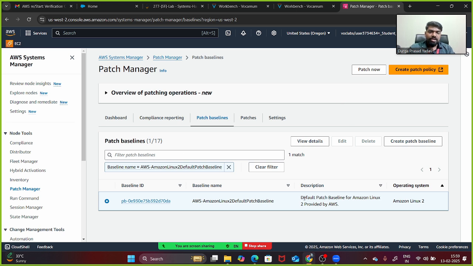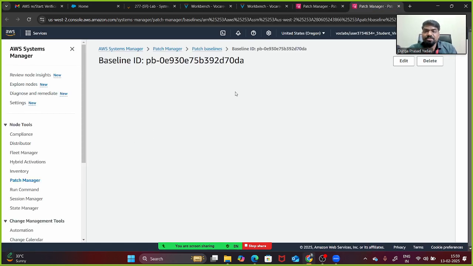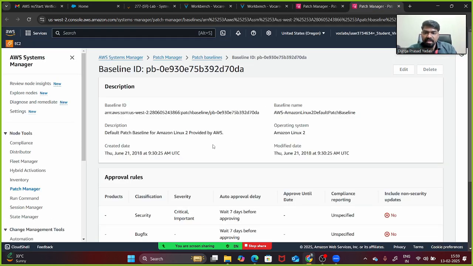What it is doing: default patch baseline for Amazon Linux 2 provided by AWS. And if you need to know exactly what it is going to do, this baseline ID, you will right click and open, and this patch will get open.